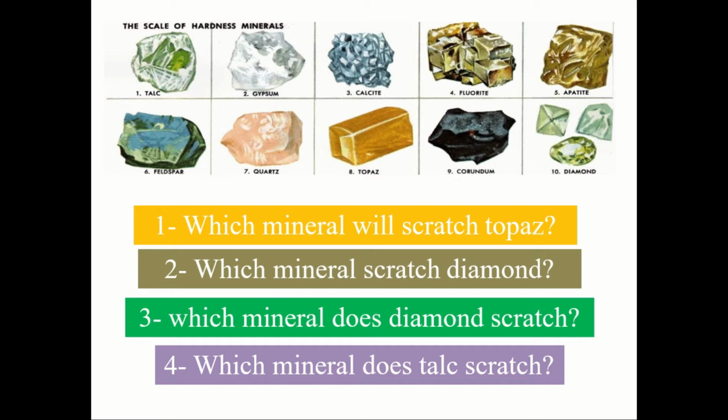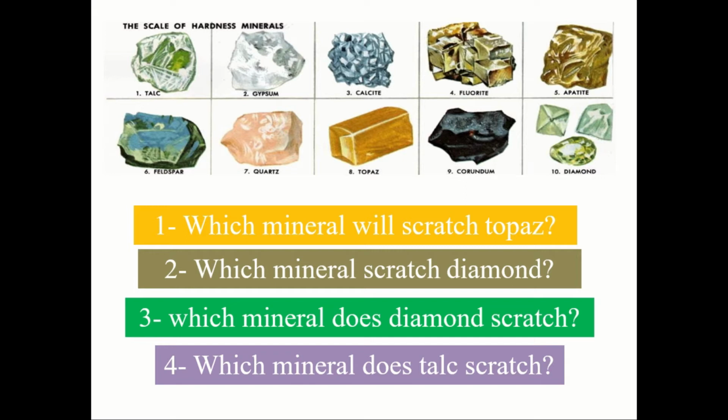Okay, so how do we apply this? Knowing that we have our Mohs scale from 1 to 10, we can determine which minerals can scratch another mineral and vice versa. Let's have here an example question. Which mineral will scratch topaz? Kindly think of which of these from our Mohs scale can scratch a topaz.